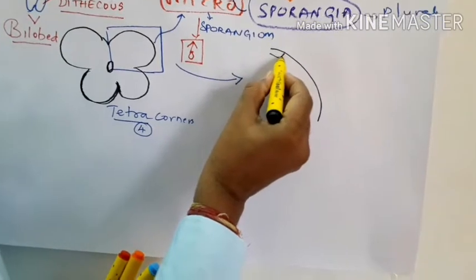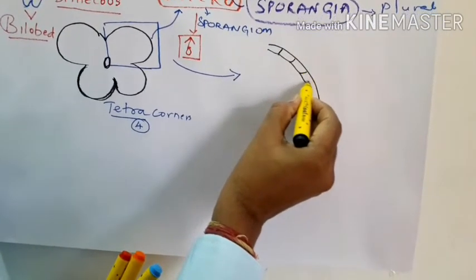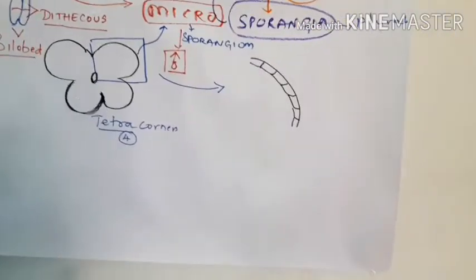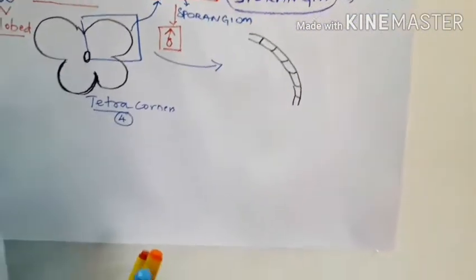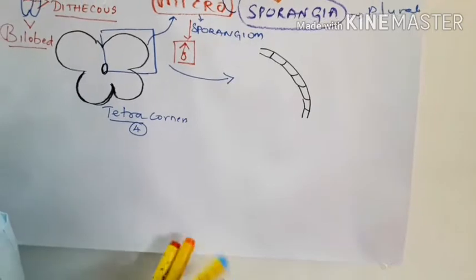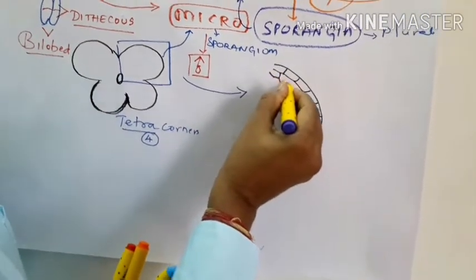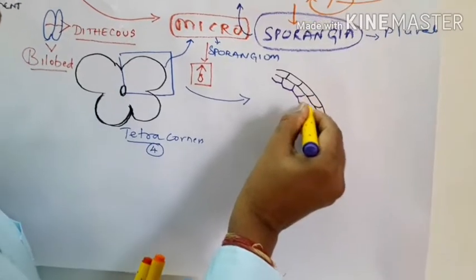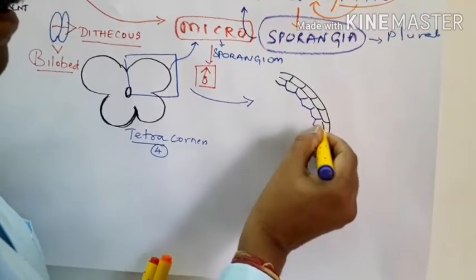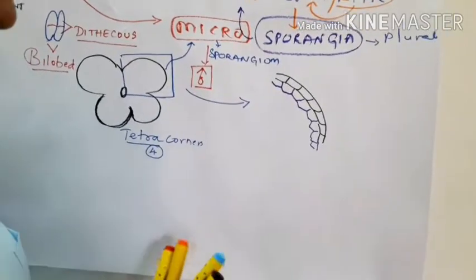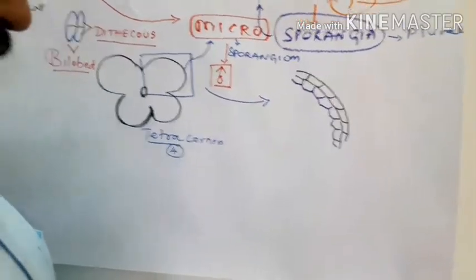So you draw the diagrams very neatly. This is the outermost part. Then it is followed by the next layer. After this layer, you will have the next layer.